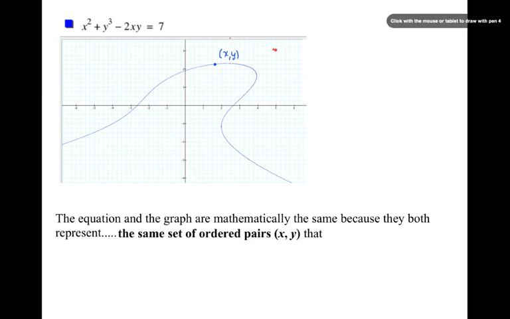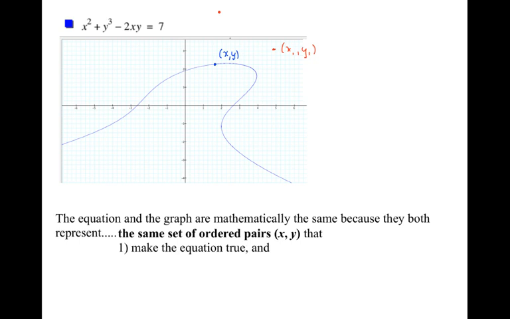What if you took this x, say x1 and y1, and put it into this expression? It wouldn't be 7. If it were 7, then it would be a point on that curve, right? If you take those two coordinates and put them in there, and you don't get 7, then you're not on the curve. If you do get 7, you're on the curve. So they're both representing a set of points. The set of points make the equation true, and are all the points on that curve.